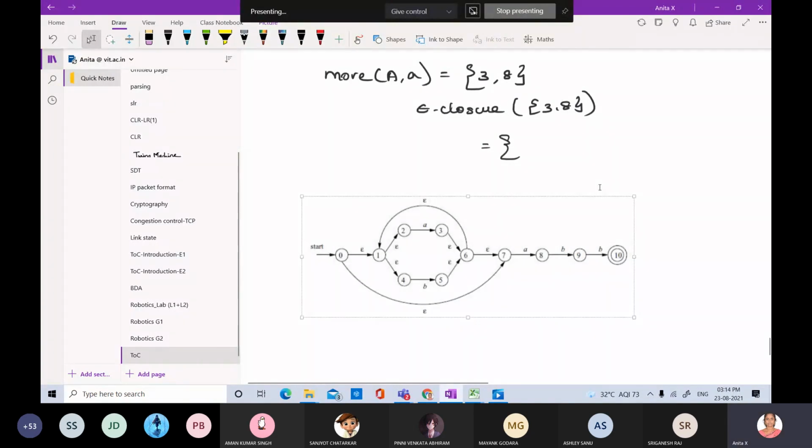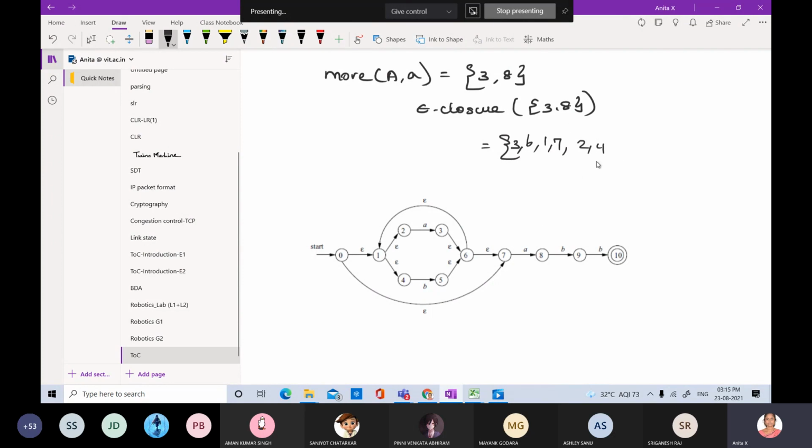So 3 should be included. From 3 I'm having a transition to 6. From 6 I'm having transitions to 1 and 7, right? From 1 I'm having transitions to 2 and 4, and from 7 I'm not having any transitions, right? So this is with regard to epsilon closure of 3.